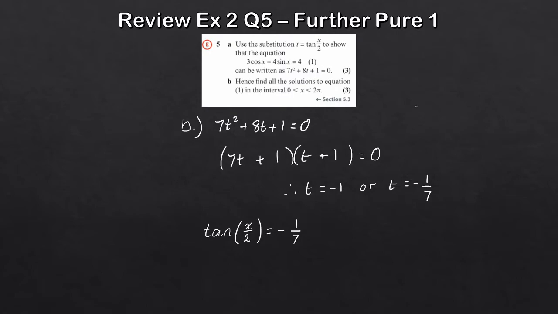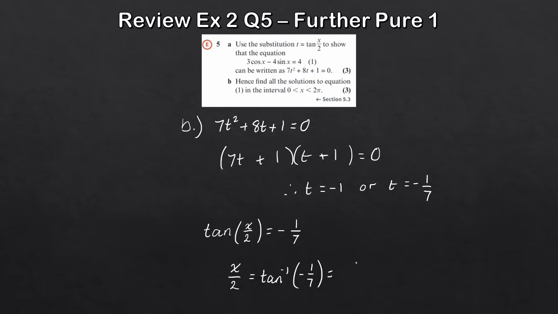And be careful here. Notice we're working in radians. We're between 0 and 2 pi. Okay, so just be careful for that. So here now, this should hopefully not be too tricky. Remember, we're just solving this now for x. So take tan inverse on both sides. So that gives us x over 2 is equal to tan inverse of minus 1 over 7. Okay.